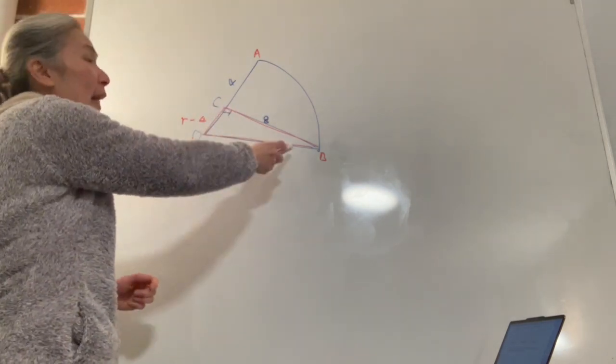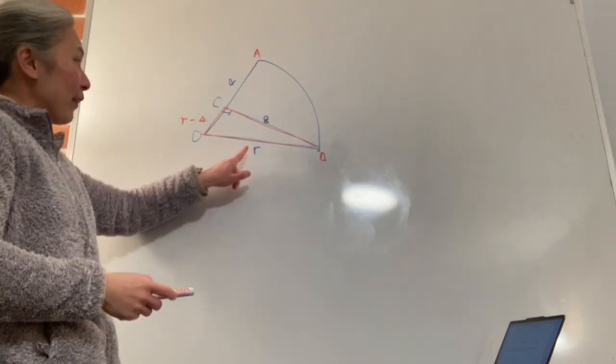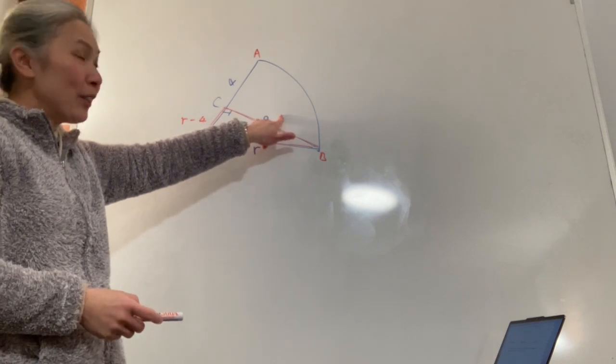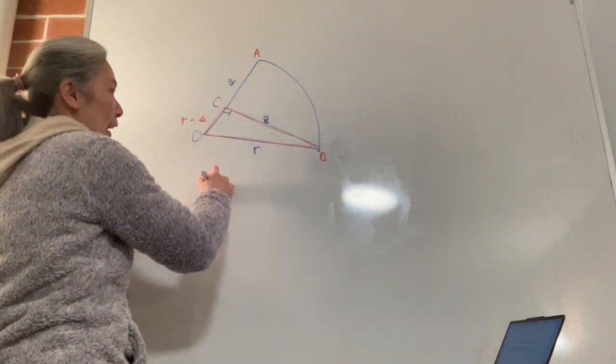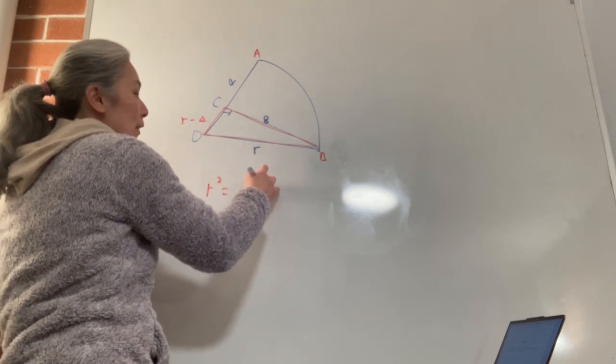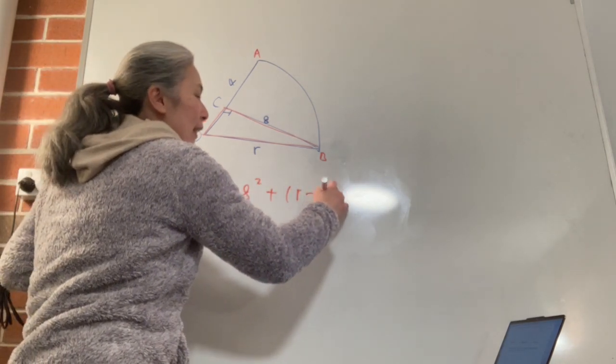Now you have a complete A, B, and C. So that means your C squared equals A squared plus B squared. So you are going to have R squared equal to 8 squared plus (R minus 4) squared.